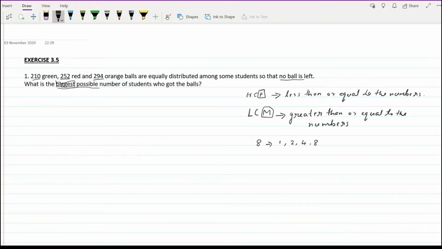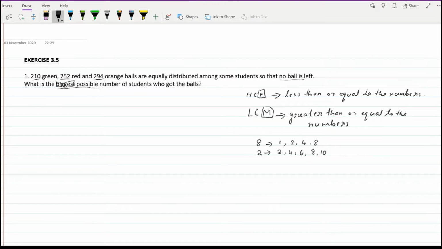Now for LCM, take the first 5 multiples of 2: the first multiple is 2, then 4, 6, 8 and 10. The lowest multiple of 2 is 2, the number itself, and the remaining are all greater than 2.